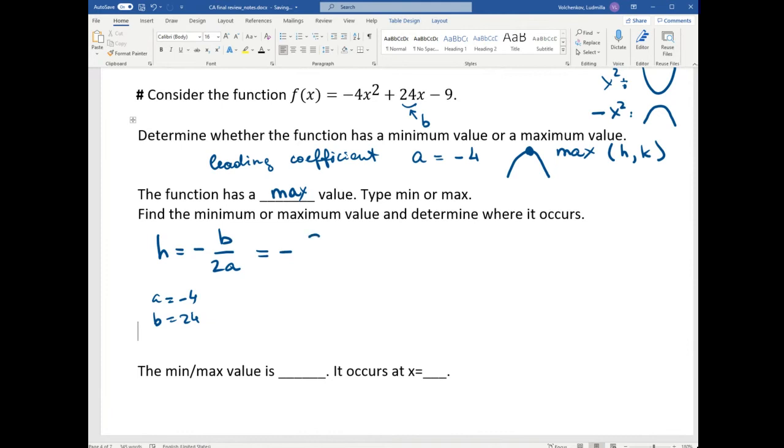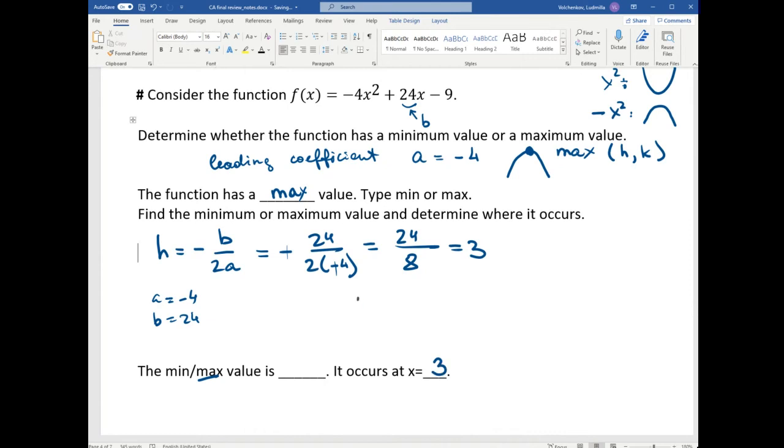We substitute -24 divided by 2 times -4 and simplify. Negative sign in the numerator and in the denominator can cancel out. So we have 24 divided by 2 times 4. So we can multiply them. Divided by 8, and 24 divided by 8 is 3. So h equals 3. So the minimum, in our case the maximum value, occurs at x equal 3.